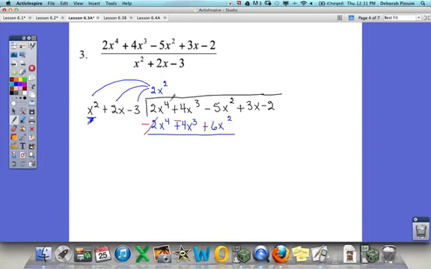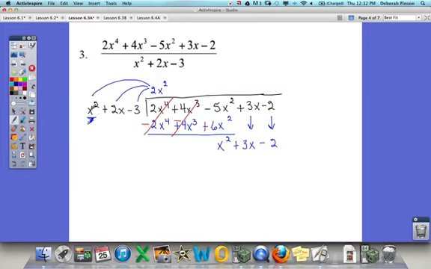Now this is nice for me because this one cancels and this one cancels. So I've got x squared. I'm going to bring down my 3x. And I actually think I should bring down my negative 2 as well, because I do need 3 terms here. So this is my last cycle. I brought everything down. See how this is shorter because you've got more things dividing in there?